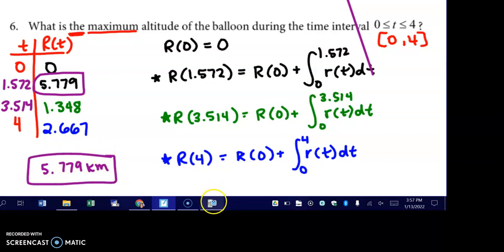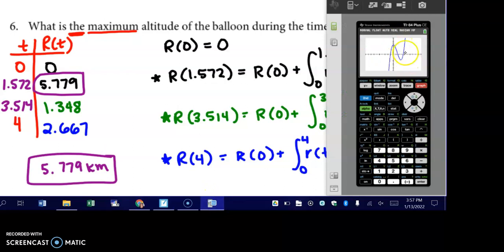Let's think about this balloon and its path. We start at a position of 0 on the ground, right? We're initially at the ground. This is my velocity, my rate, my derivative graph. So I have positive rates of change, which means my balloon is going up, going up, going up.